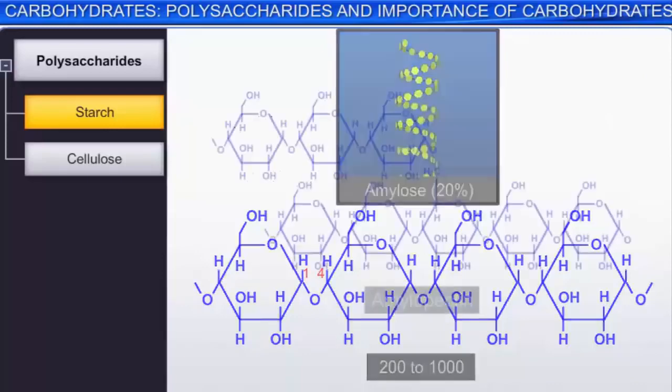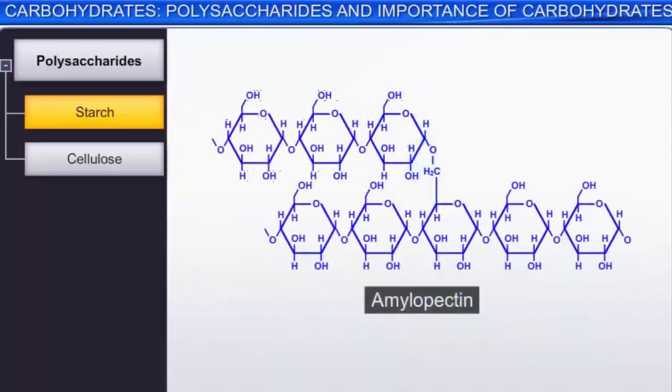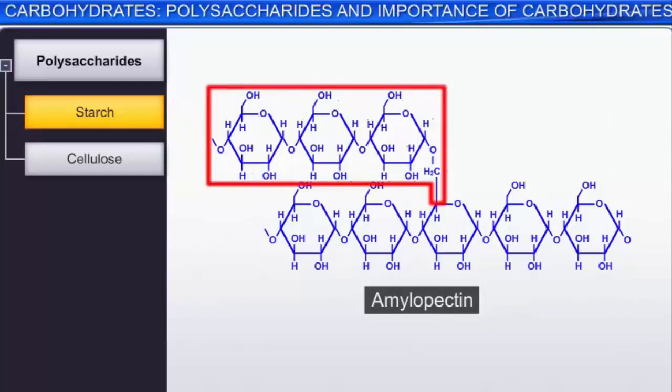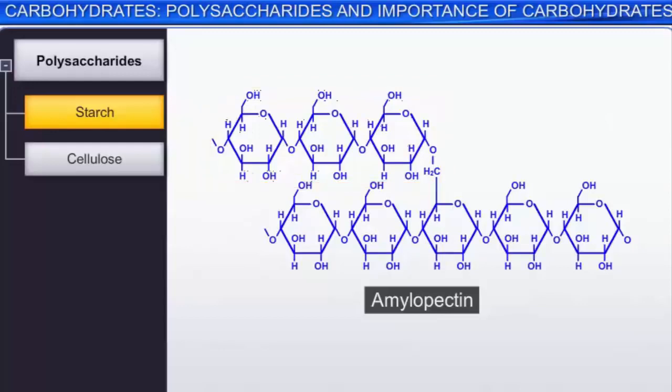Amylopectin, the major component of starch, is insoluble in water. Amylopectin is a branched chain polymer of D-glucose units. The branched structure consists of several hundred short chains of about 20 to 25 D-glucose units each.